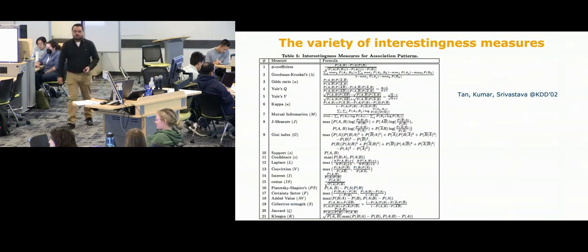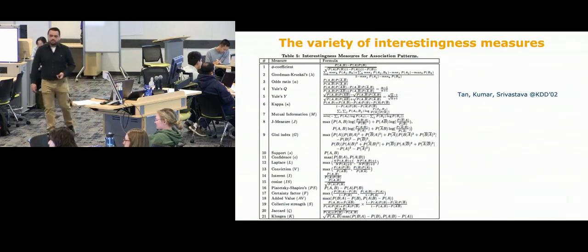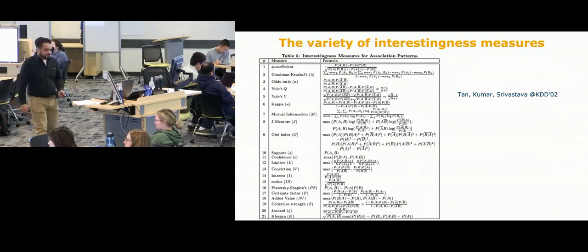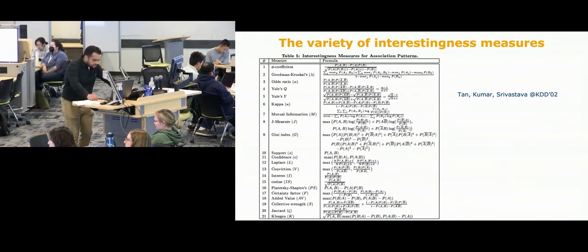Okay. Now, we don't have to stop there. Turns out that there are lots of other interestingness measures. So we saw two of them. So let's see. We have support here. We have confidence here.